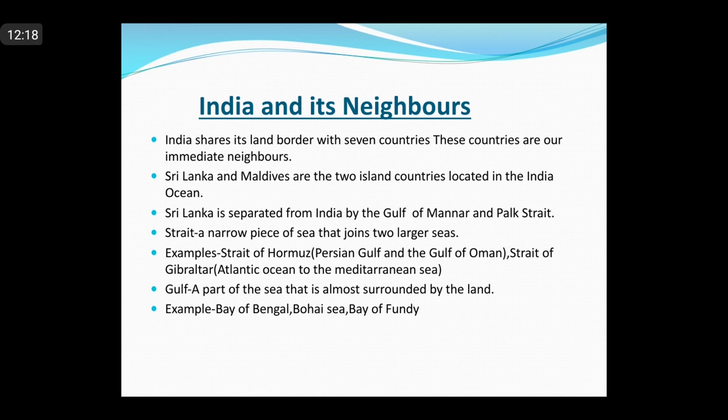Sri Lanka and Maldives are the 2 island countries located in the Indian Ocean, which are our neighbors, and Sri Lanka is separated from India by the Gulf of Mannar and Palk Strait. These are very important from the examination point of view, as far as locating them on the map of India.